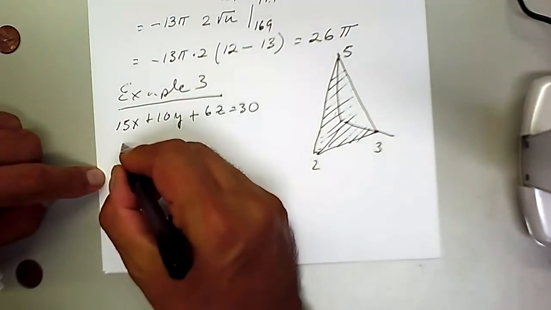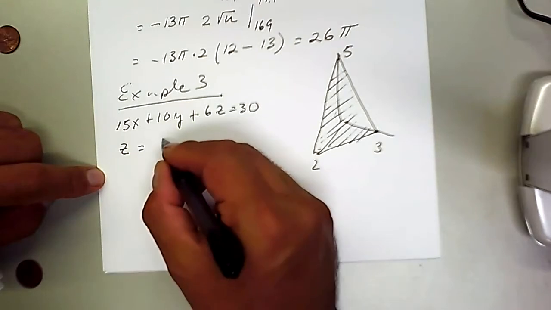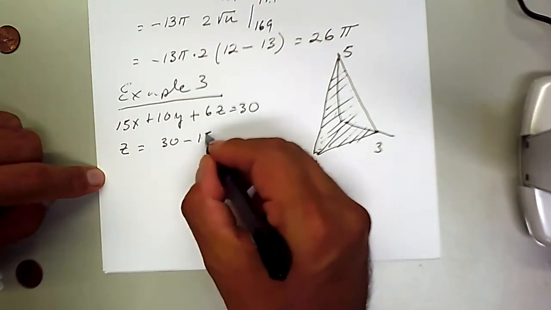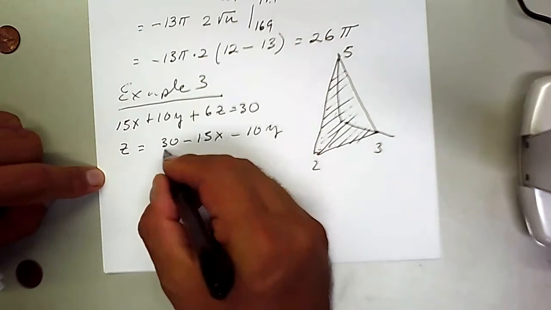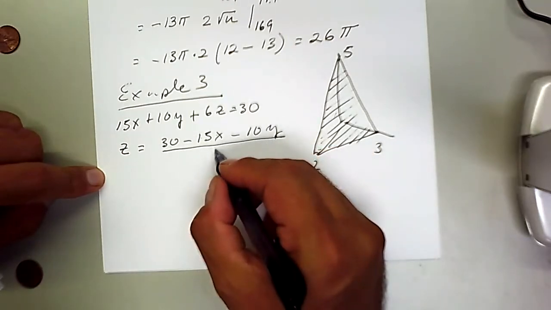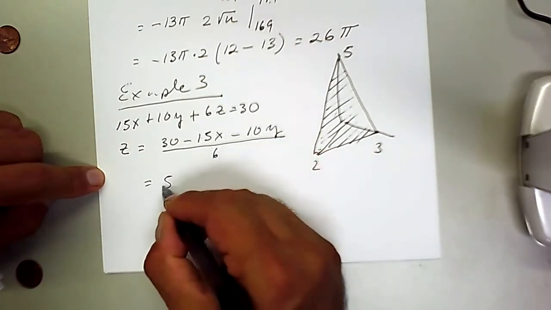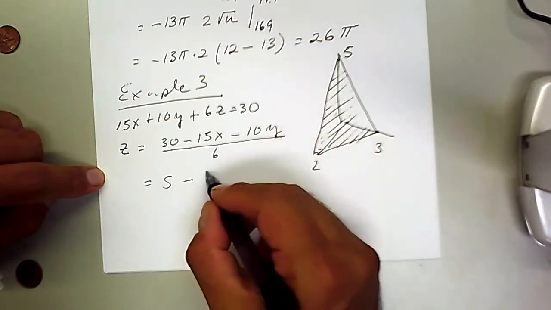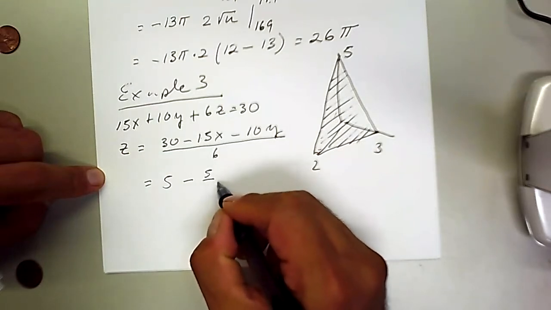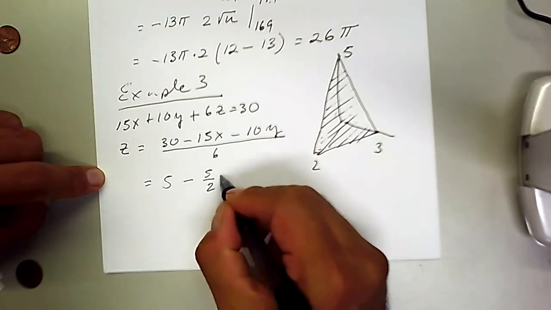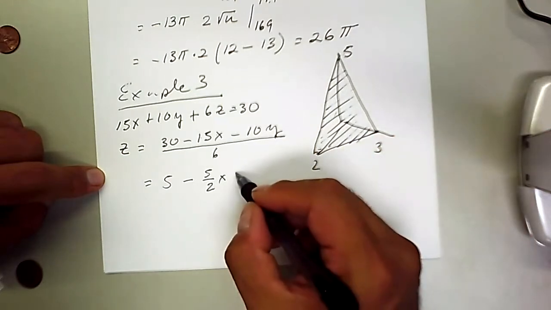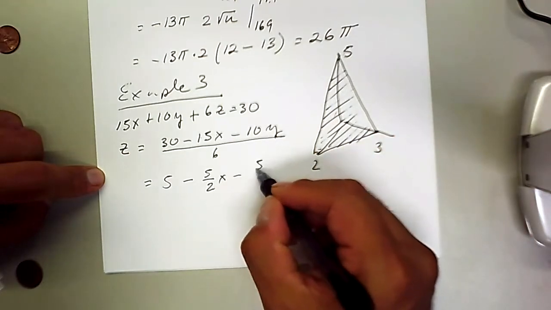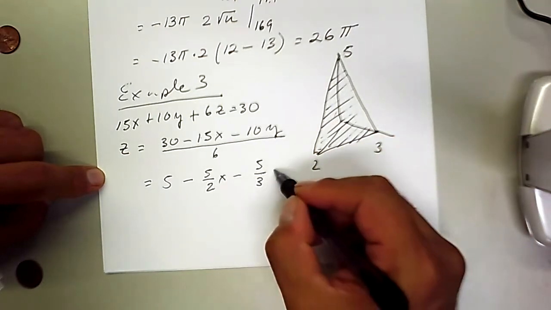So first, let's solve for z. Z is 30 minus 15x minus 10y all over 6. So that is 5, which makes sense. We start with 5 minus 5 over 2 x. We have the slope is rise 5, run 2, minus 5 over 3 y.